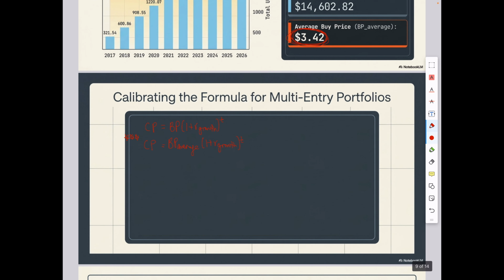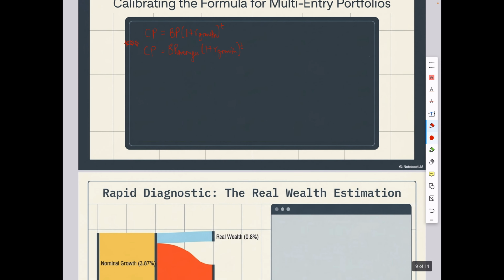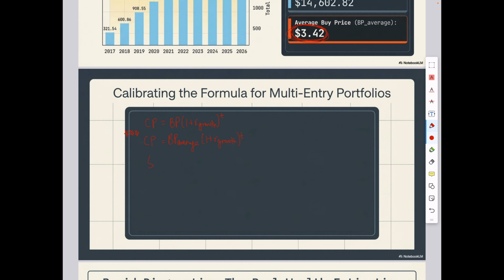So now let's do this again. My current price is still $5. My average buy price is 3.42. I have invested for a period of 10 years. When I make R growth the subject, I get this to the power of 1 over 10, minus 1, which gives me 0.03871.